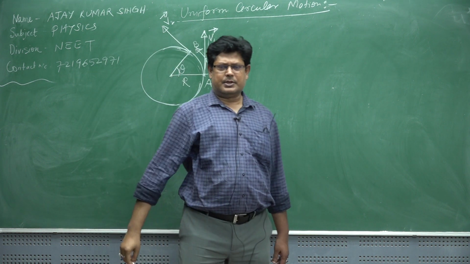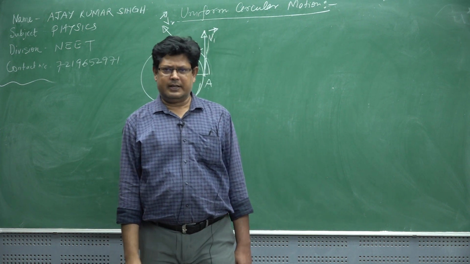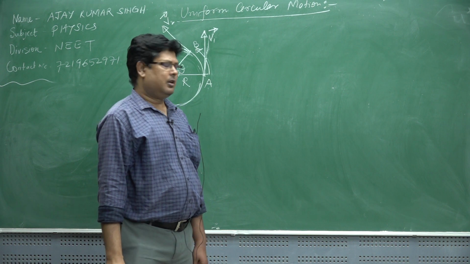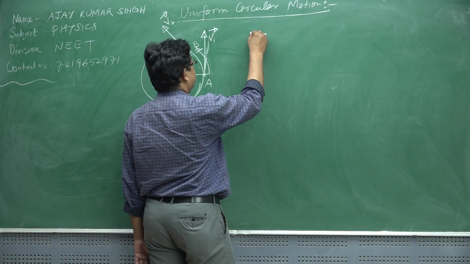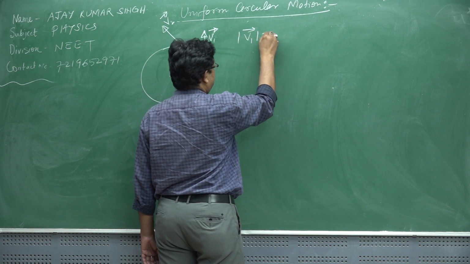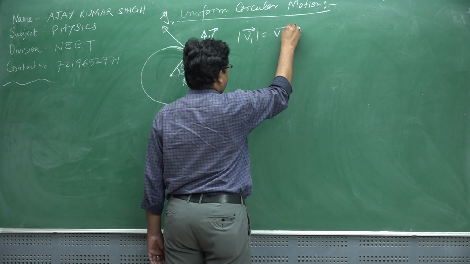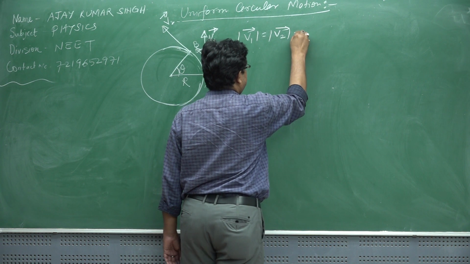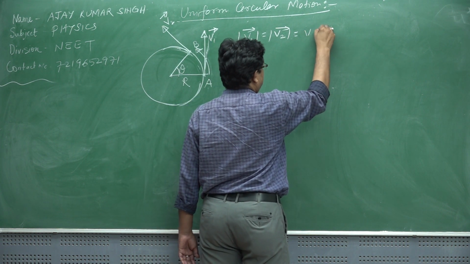So in uniform circular motion, what can we say? That tangential speeds are equal. So we can say that V1 modulus is equal to V2 modulus is equal to V, say.